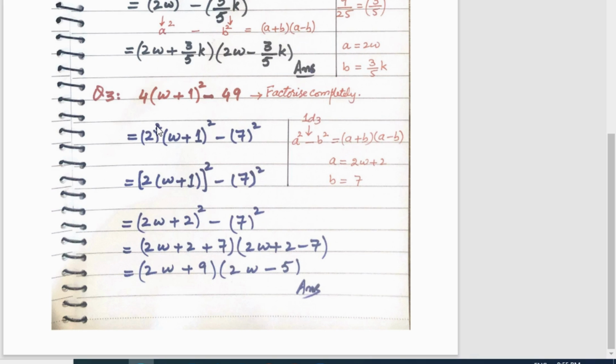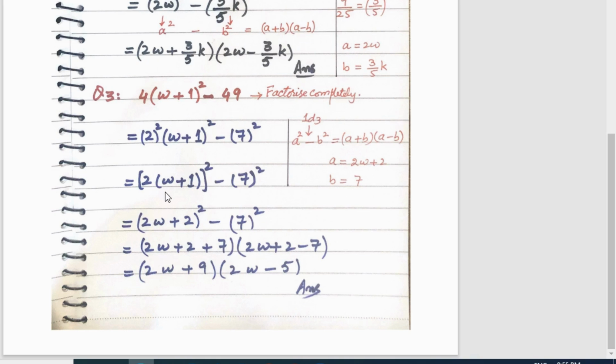Come to the point now. When 2 is under the square and w plus 1 is under the square, can we collect them under one roof, means under one square? Because 2 is being multiplied with w plus 1, just as 4 is being multiplied with w plus 1, its form 2 square is also in the form of multiplication.